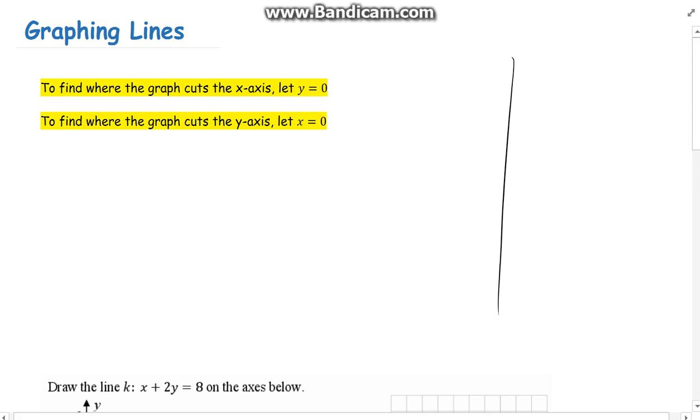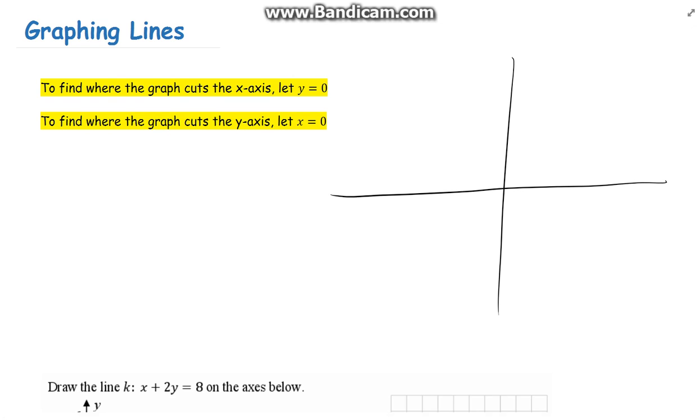But just to explain that a little bit better, every line that you draw is always going to intersect the x and the y-axis if you extend it. Sometimes they'll draw them nicely extended, sometimes they won't. But the equation of that line won't change if you extend it.